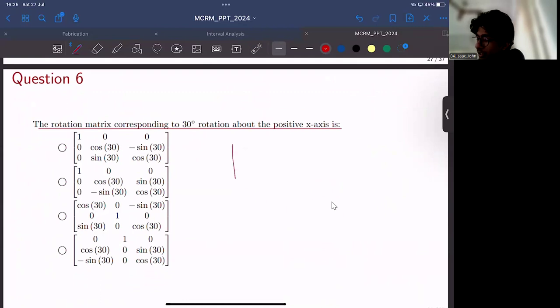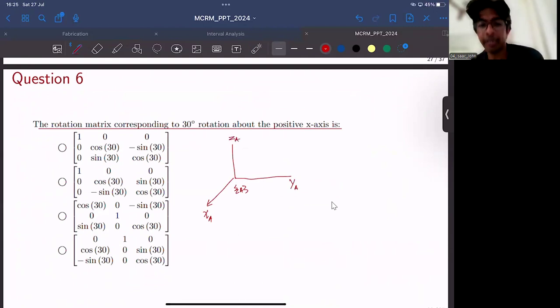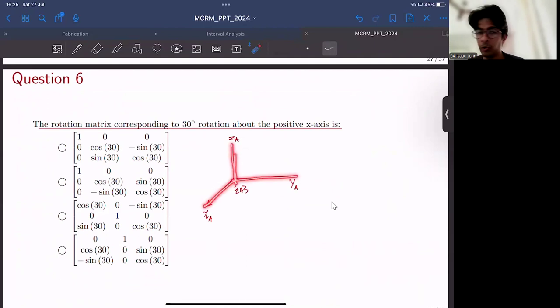For example, if you consider a fixed frame, so if I consider the out of plane axis to be x-axis, and as per the right-hand thumb rule, this would be y-axis and this would be z-axis. And if you consider a frame B initially coincident with frame A, you are now rotating 30 degrees with respect to this positive x-axis, XA axis.